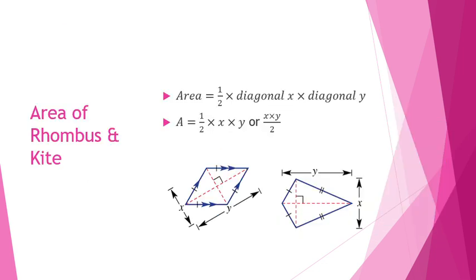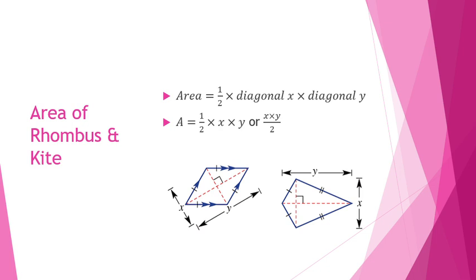This is the area of a rhombus and a kite. You have this formula where the area is equal to 1/2 times diagonal x times diagonal y. You're wondering, what is that?